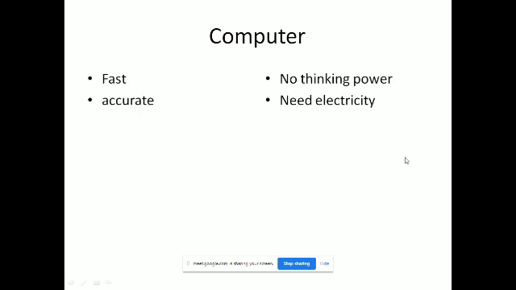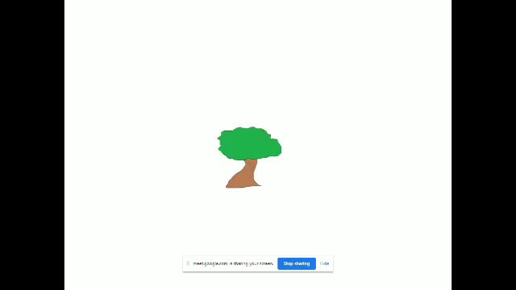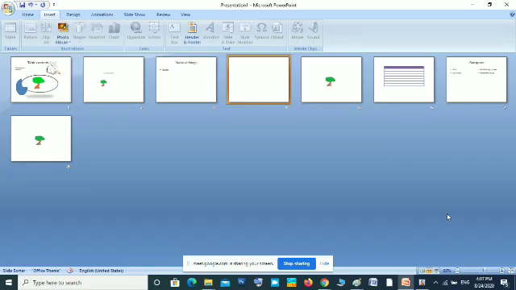Now it will be showing in full screen view. Just click the mouse, then it will take you to the next slide. So this is the original presentation. That is the final presentation we can display using the slideshow view.